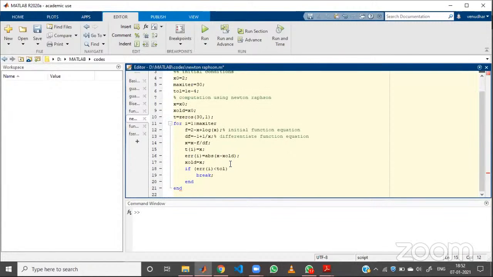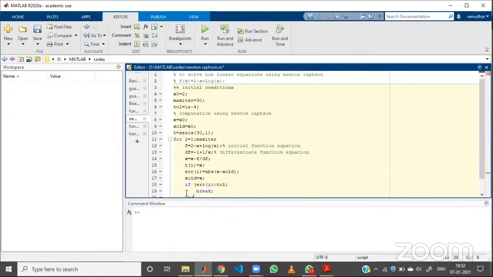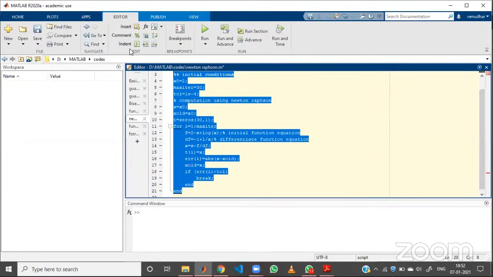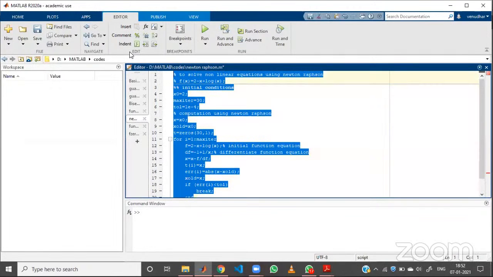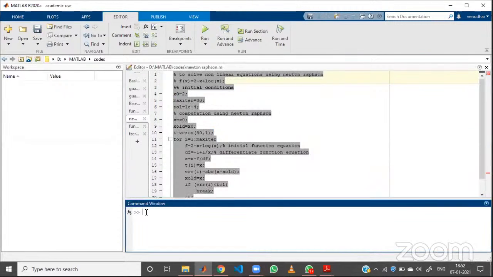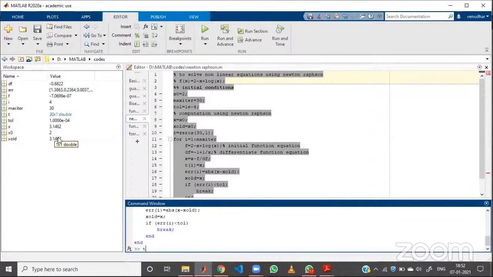Then we will get every value of x. So let me just run the code, control V.